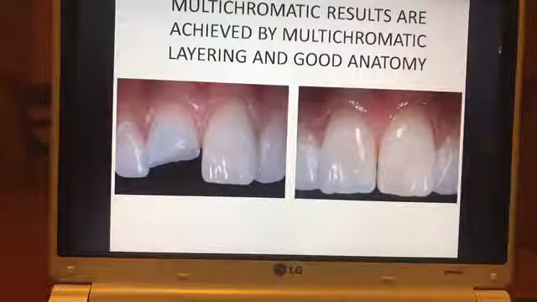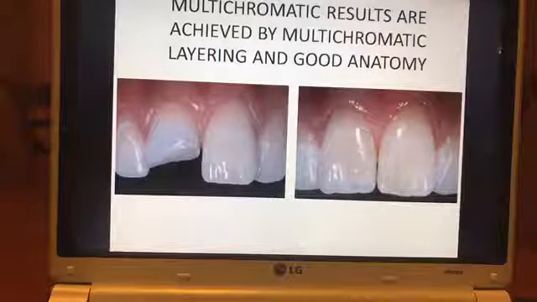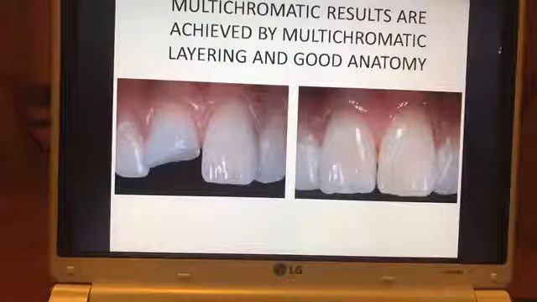You will hear a lot of authors say you can use single enamel, single dentine, single body. Yes, you can get some acceptable results, but if you want to have perfect results, you have to have a multichromatic layering and a good tooth anatomy.